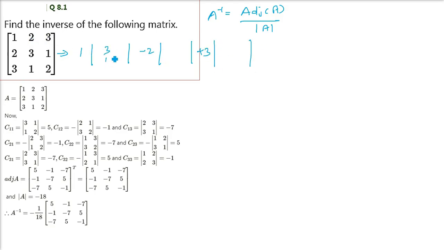So I'm just opening it using the first row 1, 2, 3. So 1 minus 2, 3 will come, and I'm just leaving the row and column at 1, at 2 and 3, and other things I'm writing here. So what will be the 3 times 6 minus 1?